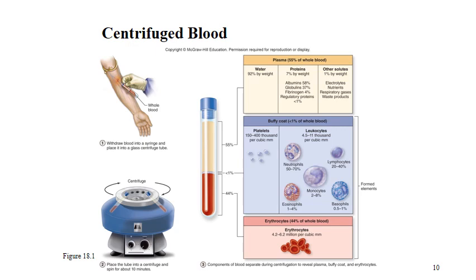And then the buffy coat is really pretty awesome as well, because it's got some really powerful cells within it called leukocytes that are going to be helping to defend against any foreign pathogen that comes into our body. And then platelets, of course, are blocking and helping reduce blood loss when we have an injury. And then that last part is going to be those erythrocytes, which is pretty crazy. If you notice here, 4.2 to 6.2 million erythrocytes, little blood cells per cubic millimeter, which is a lot.